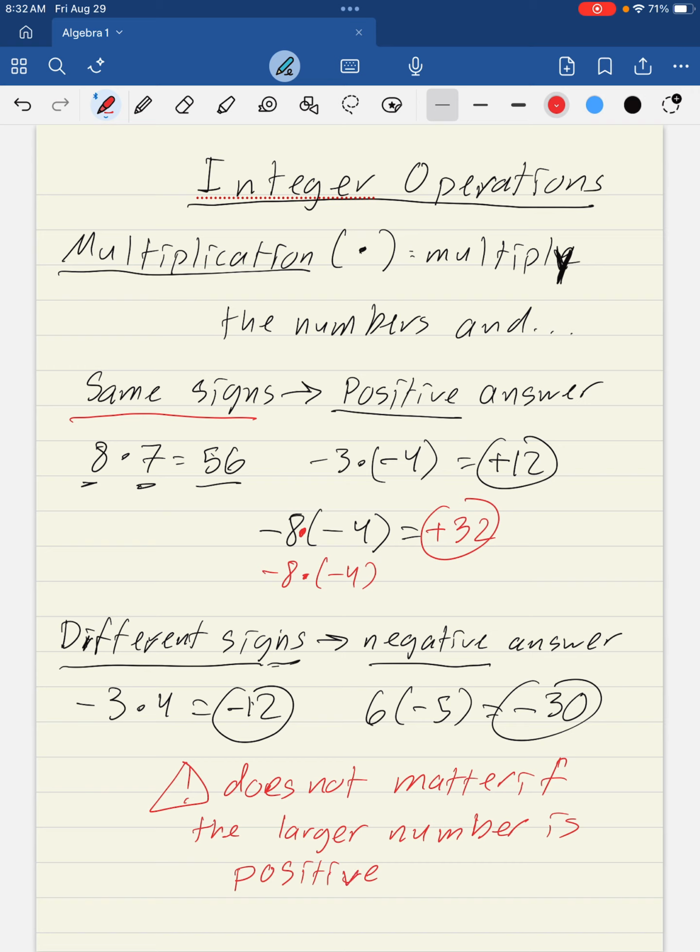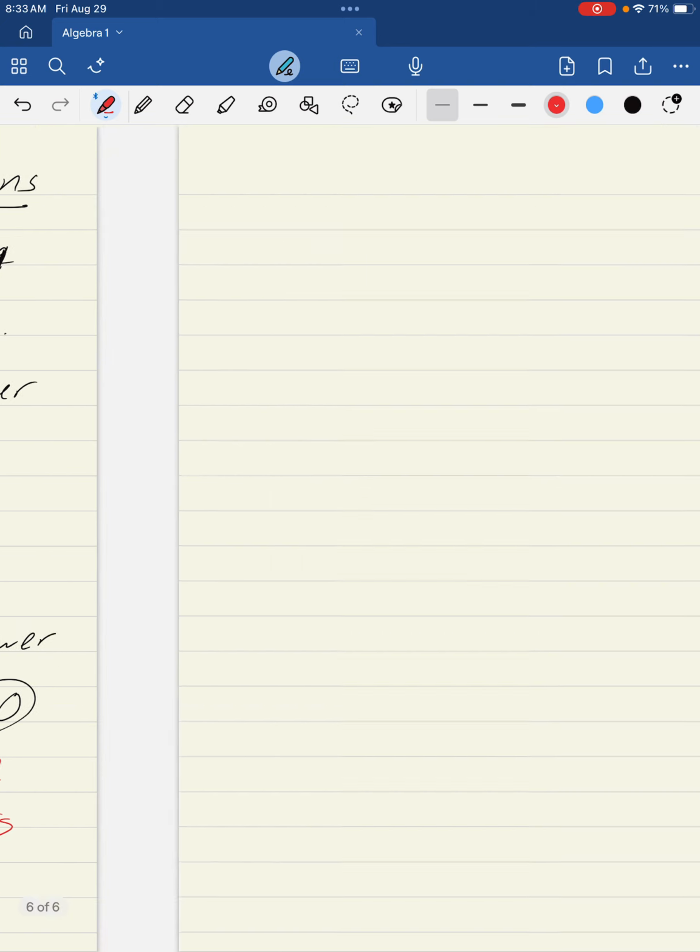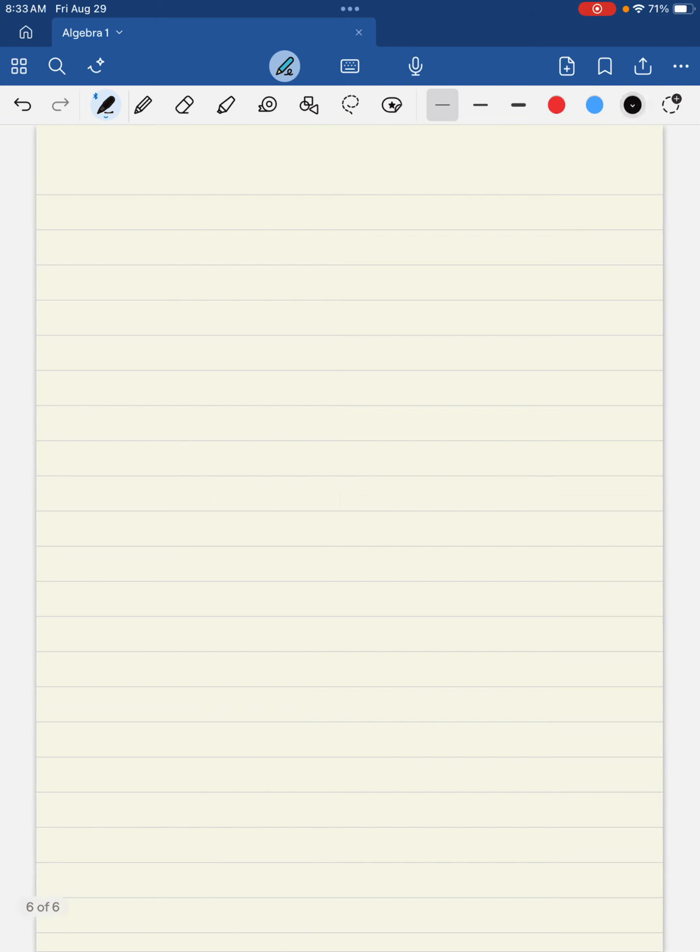This is one thing that people can get confused on, because we're just coming from adding and subtracting integers, where when we're adding, remember the larger number kind of wins the sign. Well, this time it's straight rules. Same sign positive, different signs negative. Doesn't matter which number's bigger. Next page, what about dividing?